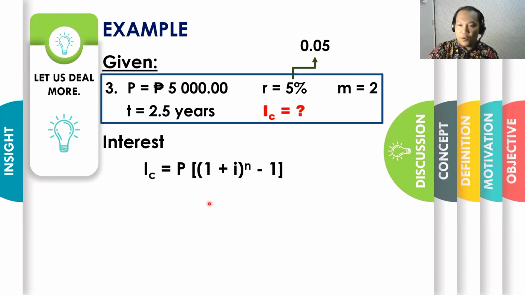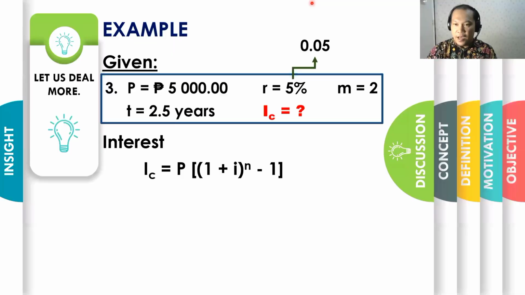Now, this formula was derived from the formula I is equal to the maturity value minus P. This will be our formula if and only if we do not want to get first the maturity value, then get the difference of the maturity and the present. By using this formula, we can directly get the compound interest.